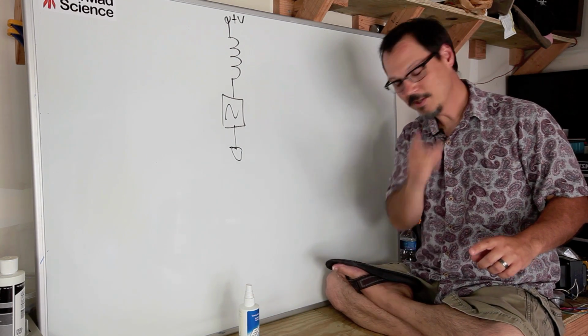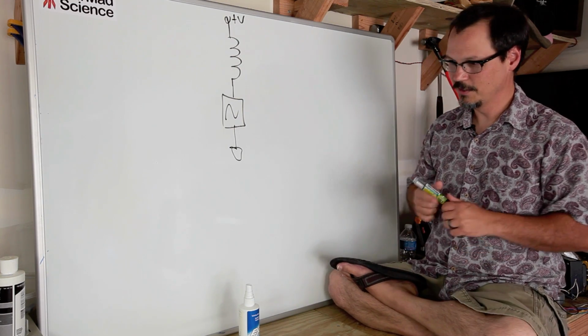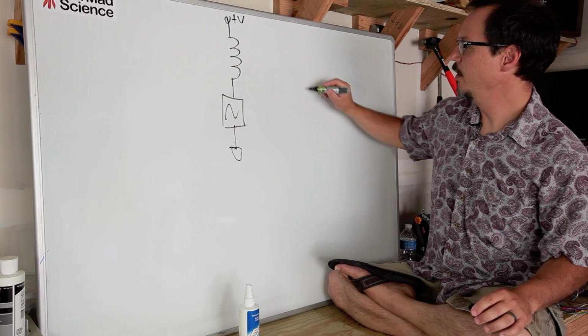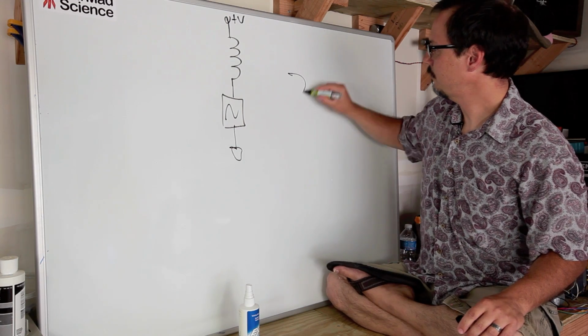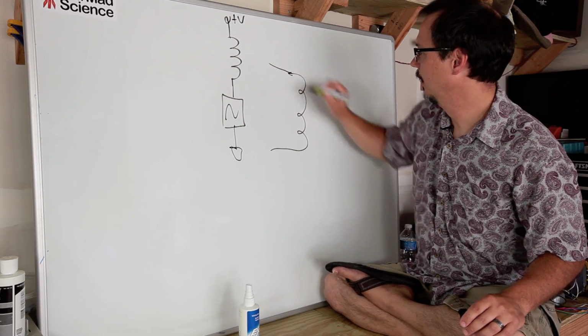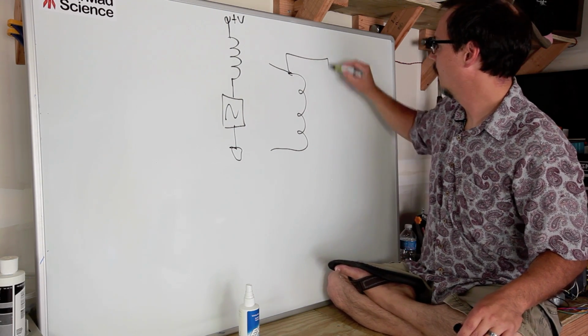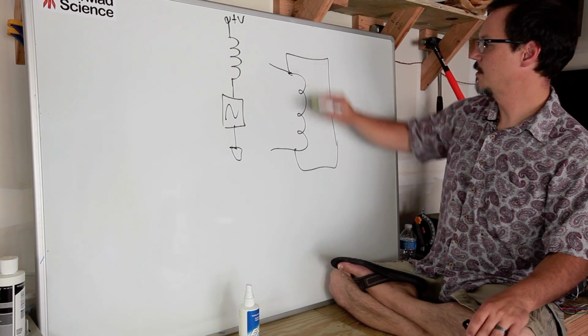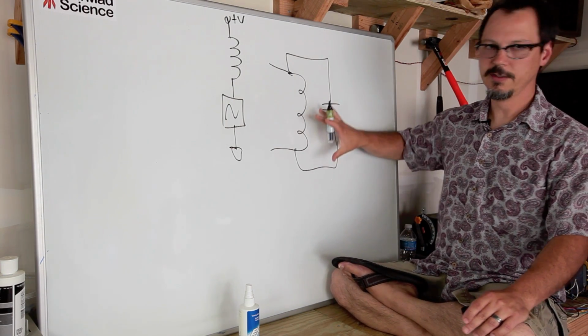And then there's tuned circuits. Tuned circuits are things that are used in RF a lot, and I haven't talked about this, but when you take an inductor, a really bad inductor, and you mate it with one of these guys, you get something called a tuned circuit. This is a parallel tuned circuit.